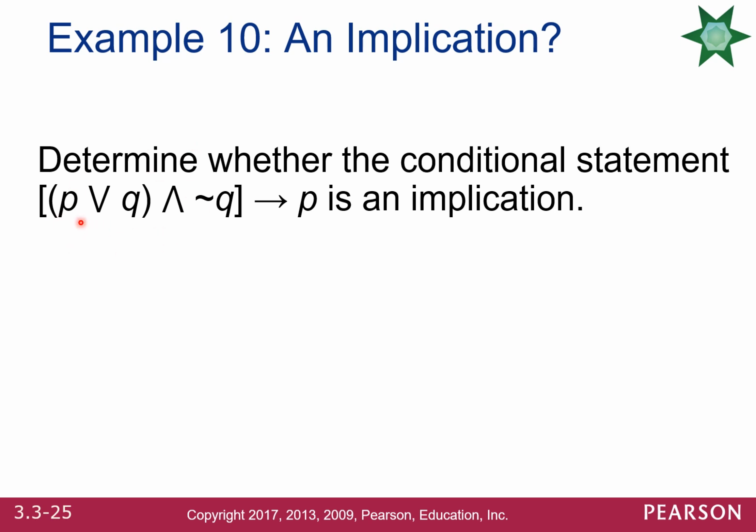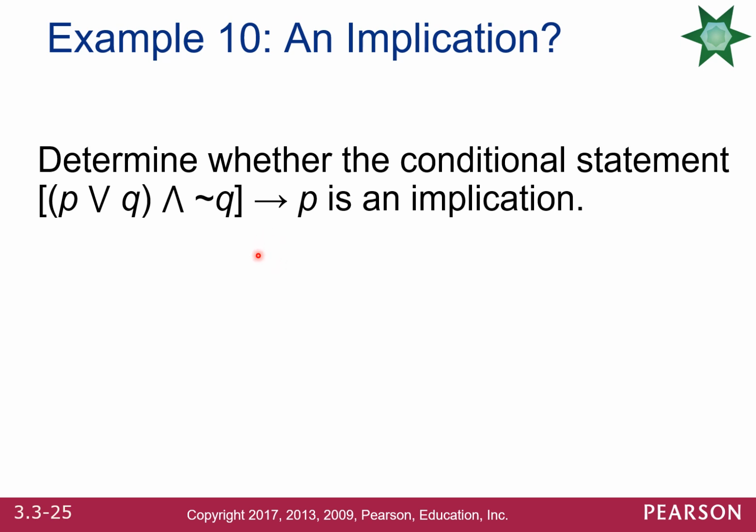Actually, there is a nested bracket, a bracket within the bracket. So it says P or Q, and then we have the and symbol and not Q, and then we have the conditional symbol followed by a P. So how would this read in words? Since it's a conditional statement, we have to start with if.